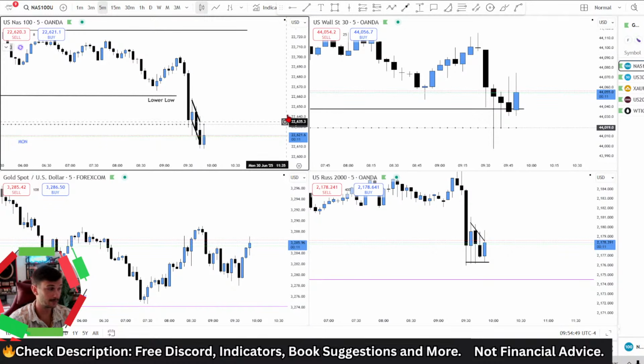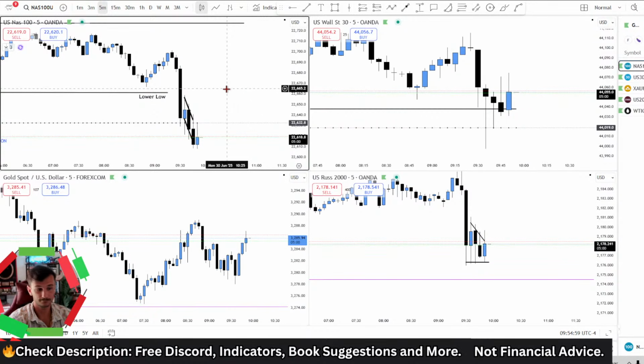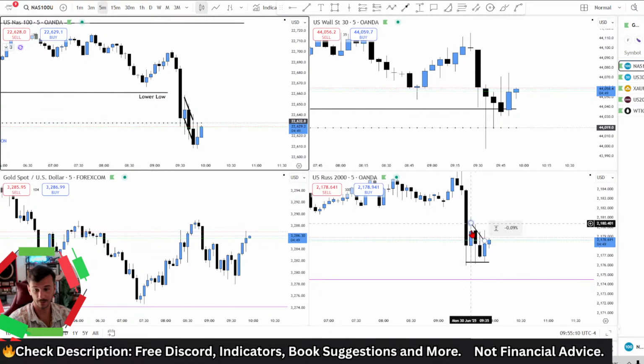NASDAQ has gone a little bit lower, not by much. We've sat on the inside of this bar's high and low for 20 minutes now.